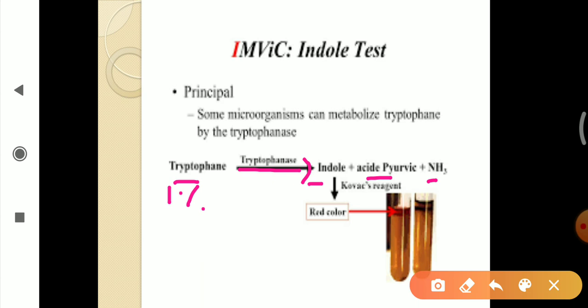On the next day, we add Kovac's reagent or Ehrlich reagent. This reagent reacts with the indole and gives a pink ring, or red color formation, at the top of the broth. This is the principle of the indole test.